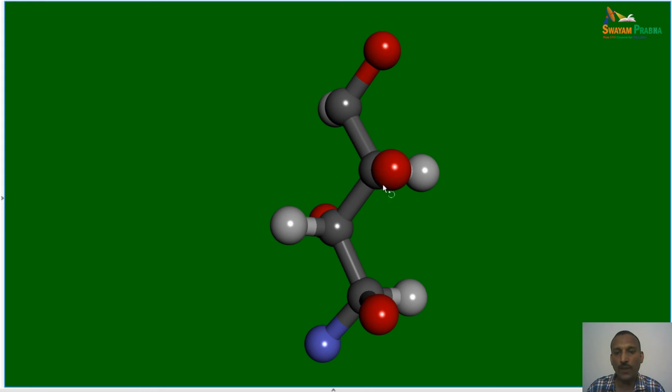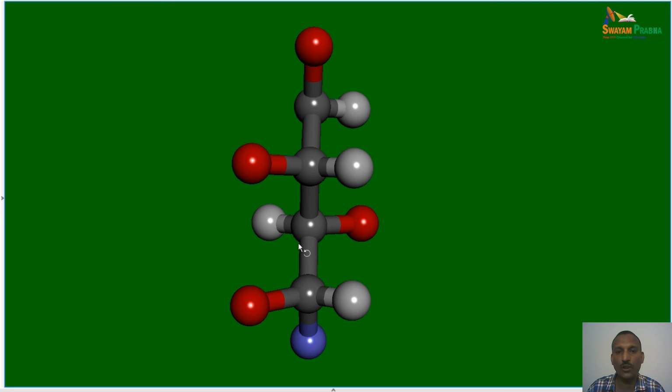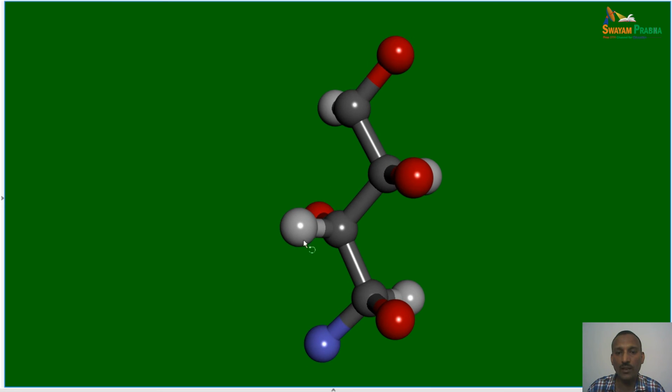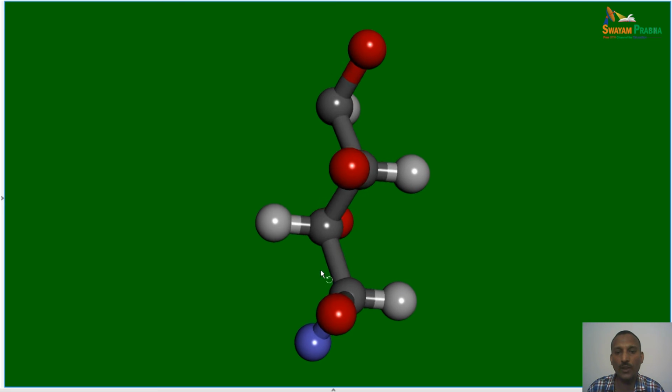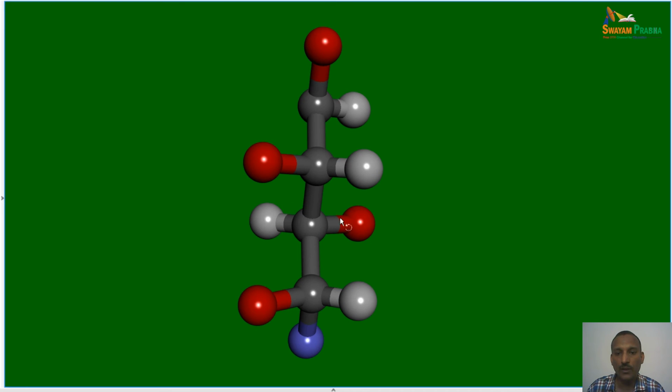So when we are representing all the carbon atoms, every alternate carbon will be wrongly represented by the DL projection. In order to write this in the same way, when a group is pointing towards the observer, this group has to come here and this group has to come here.